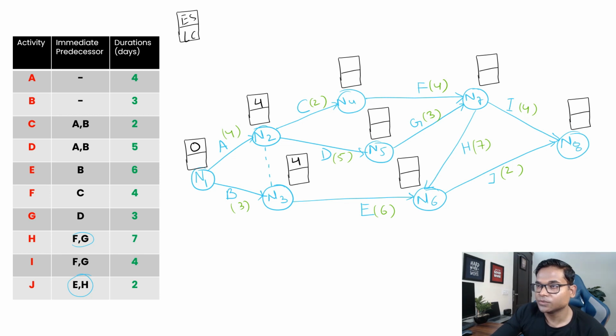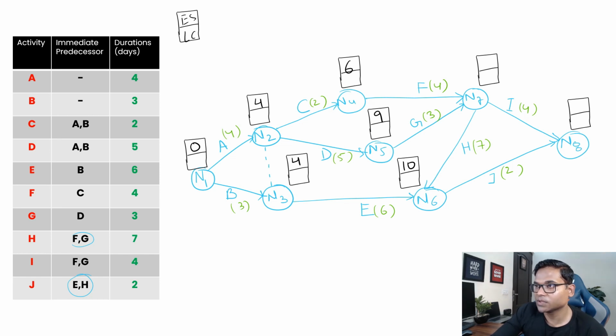Then 4 plus 2 is 6, right? And here 4 plus 4 is 8. If we go to the next node, node 6, 4 plus 6 is 10, right? But let's check what value we are getting from this node, because this arrow is coming from n7.